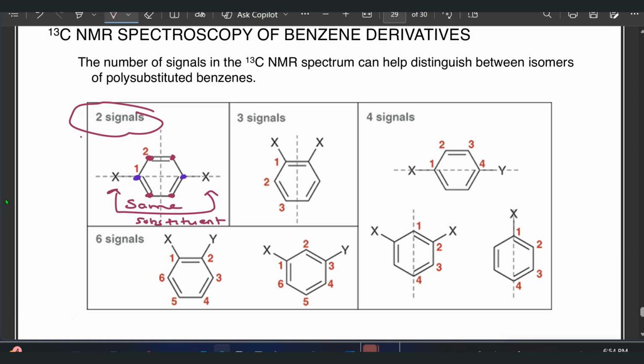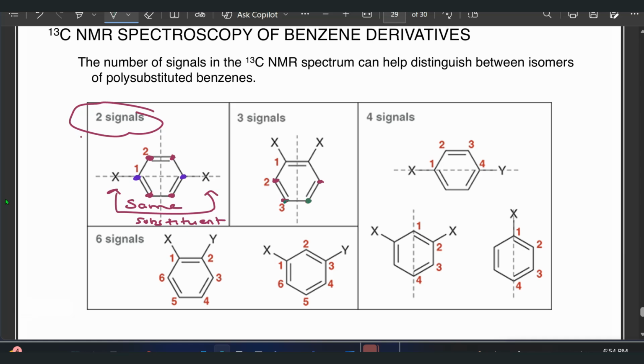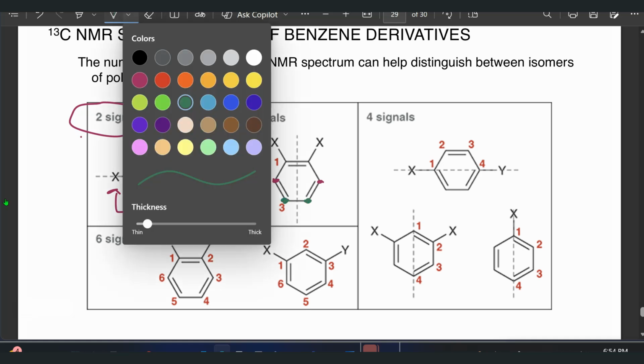Assuming you'll not be given the depth, 95 and 135. And then here, same. These 2 are the same. The middle are the same.